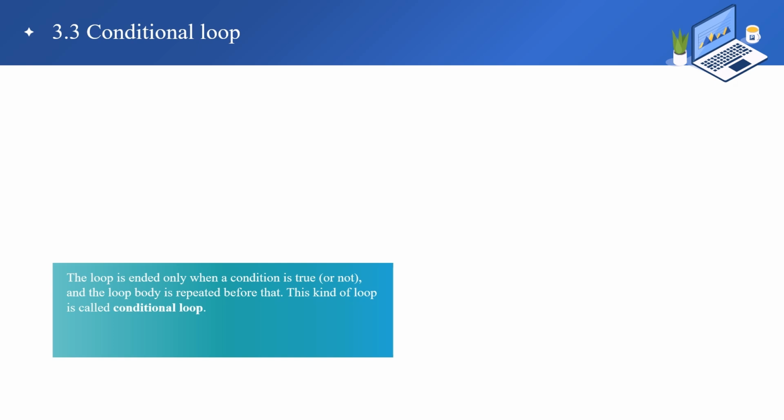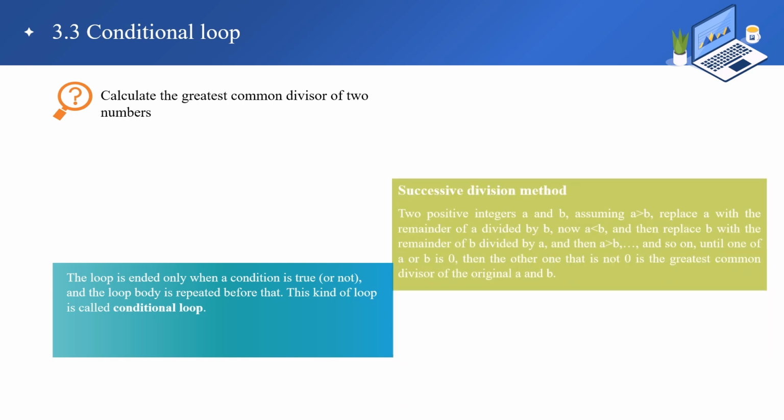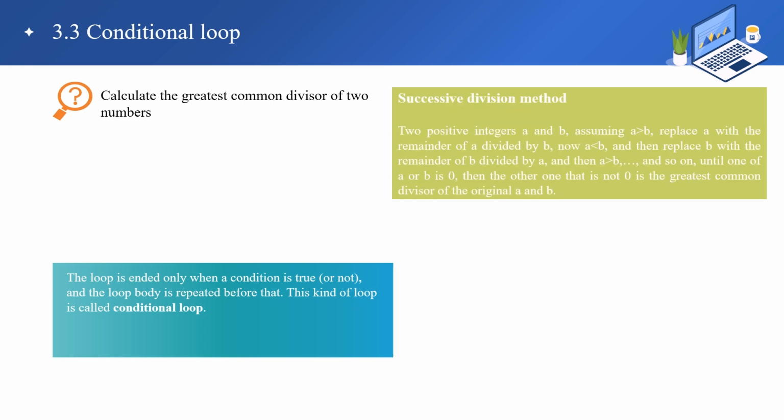There is a classical method to calculate the greatest common divisor of two numbers, which is called successive division method. Two positive integers a and b, assuming a is greater than b, replace a with the remainder of a divided by b, now a is less than b, and then replace b with the remainder of b divided by a, and then a is greater than b.